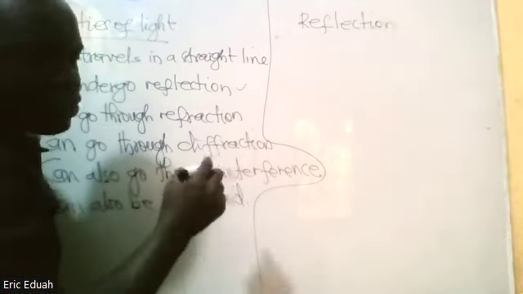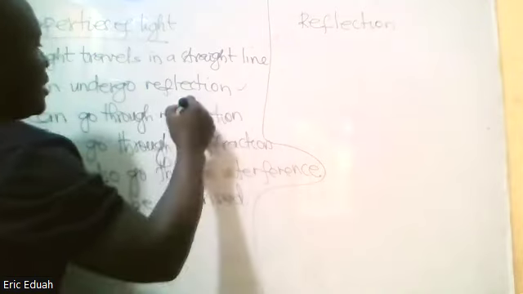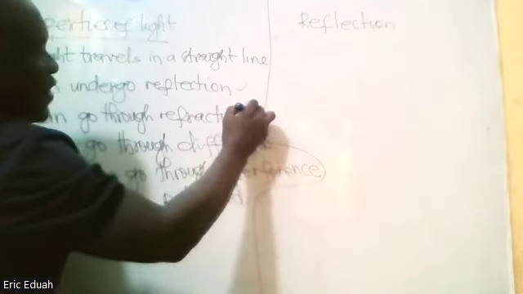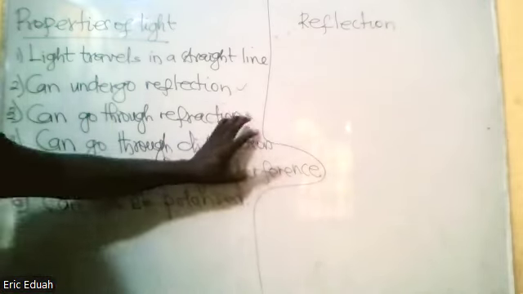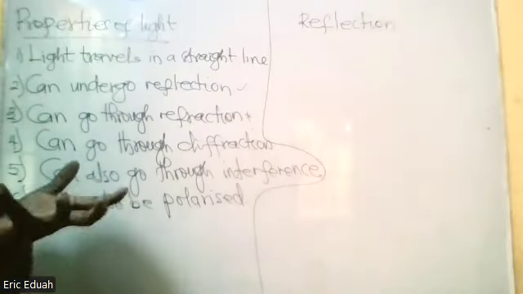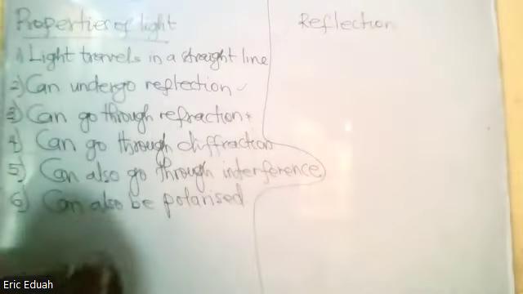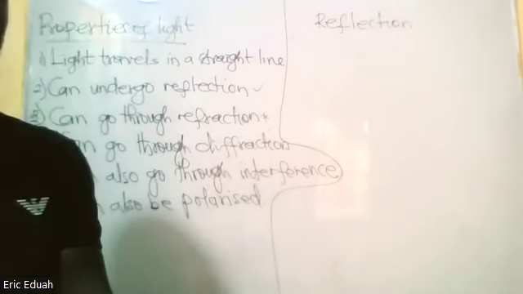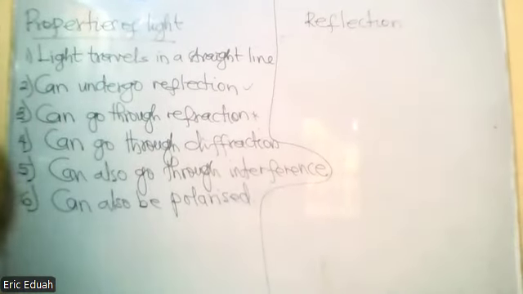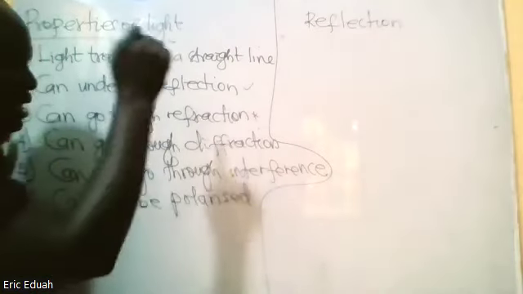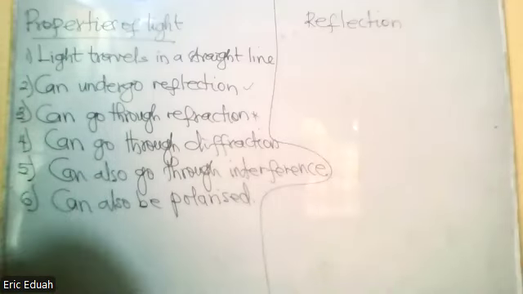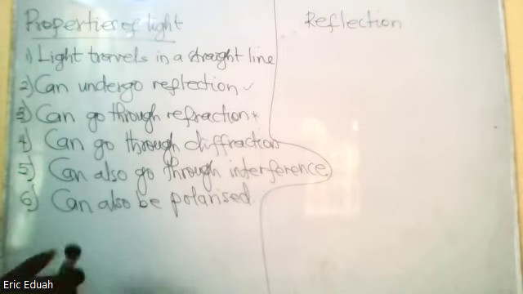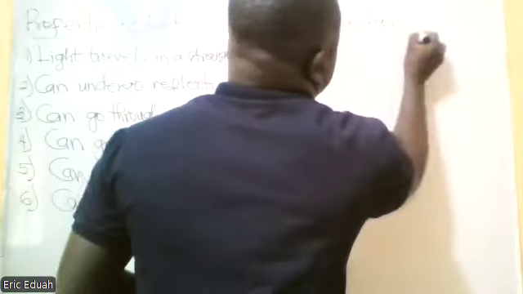Under this concept, we will look at reflection and refraction. As for diffraction and interference, in physics we'll go through them under waves. Don't forget, light is under waves. So when we get to wave motion, we look at interference and diffraction, even on the surface, not into details. So, under what we are studying currently, we'll look at reflection of light.